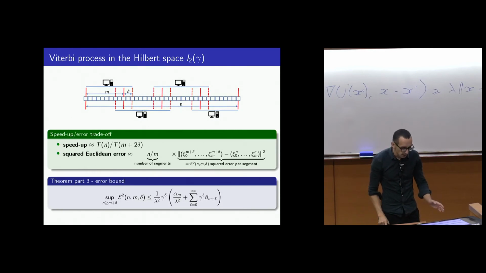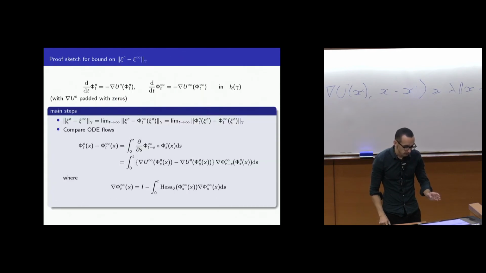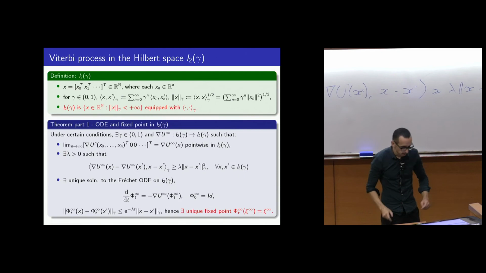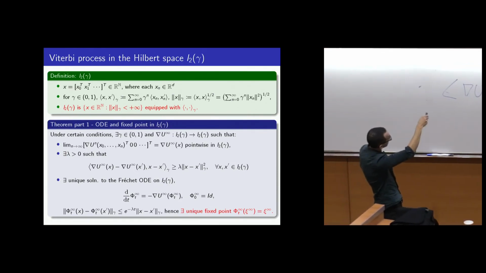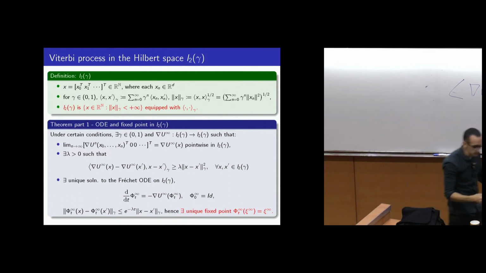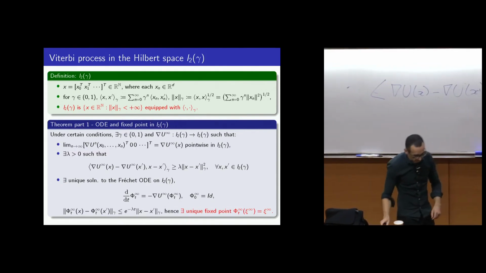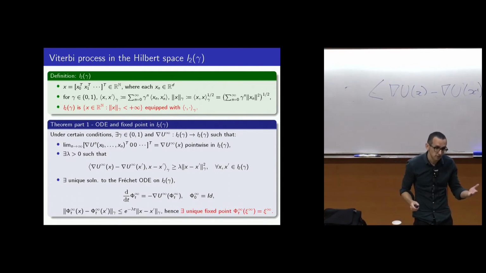I'll say just a little bit about the conditions. So, in order to get something like this, it turns out, perhaps not too surprisingly, that I need something a bit stronger than strong convexity of the smoothing density, right?